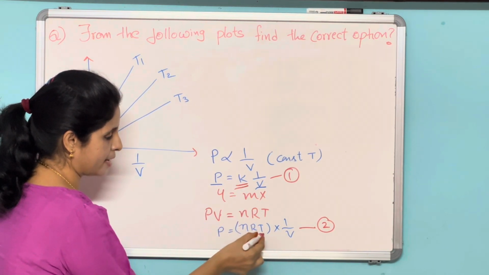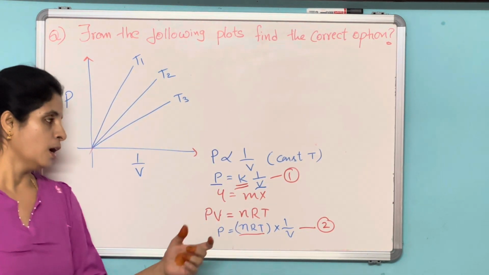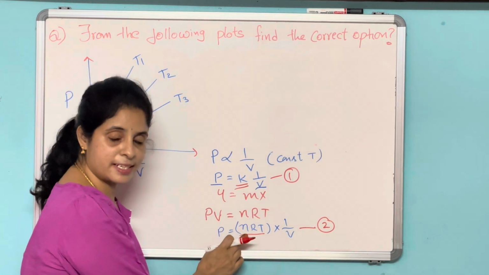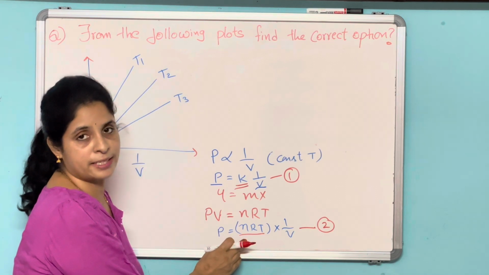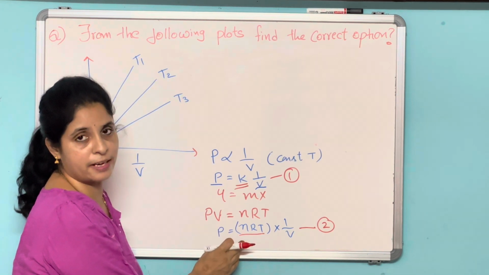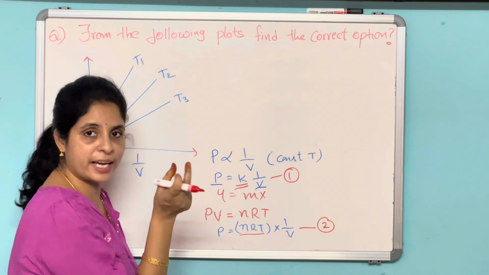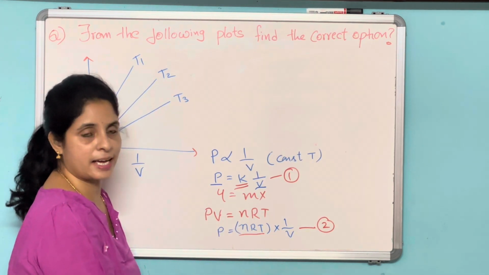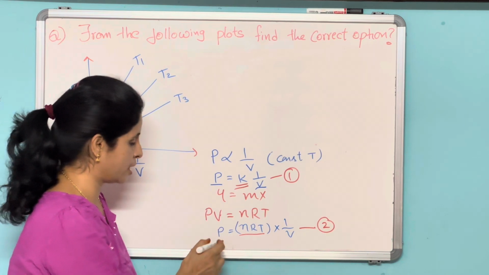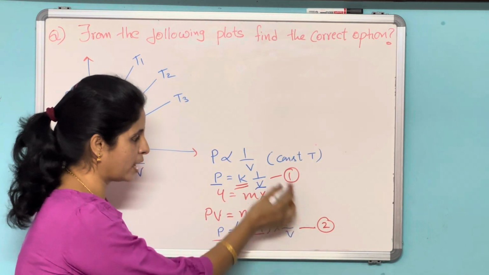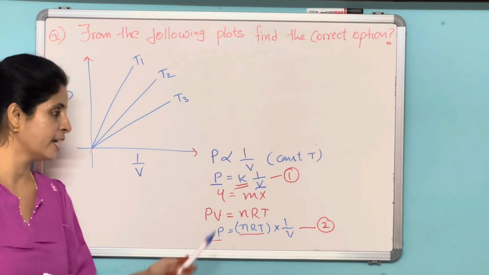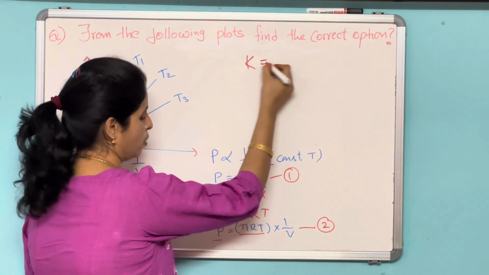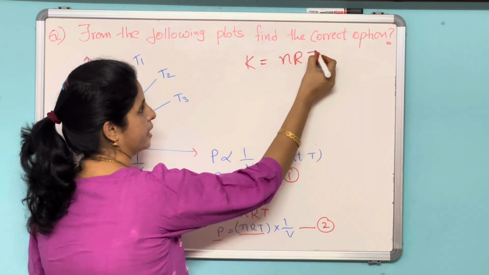In Boyle's law, the number of moles is constant, because the statement itself says for a given amount of gas, which means the number of moles is fixed. R is the universal gas constant and T is temperature. How are these two equations related? If we equate these two, K is equal to nRT.